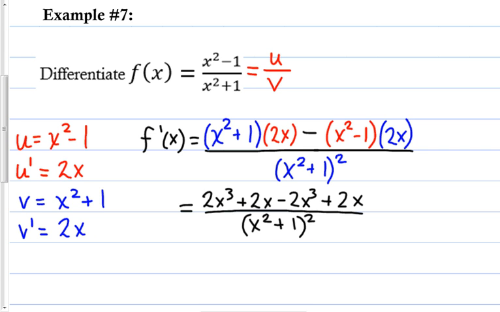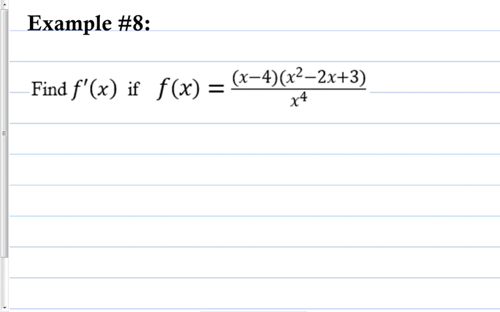Okay, so I distributed, and that's what I got. I could simplify this a little because there are some things that cancel out. So I get actually 4x over x squared plus 1 squared. And that's perfectly fine.